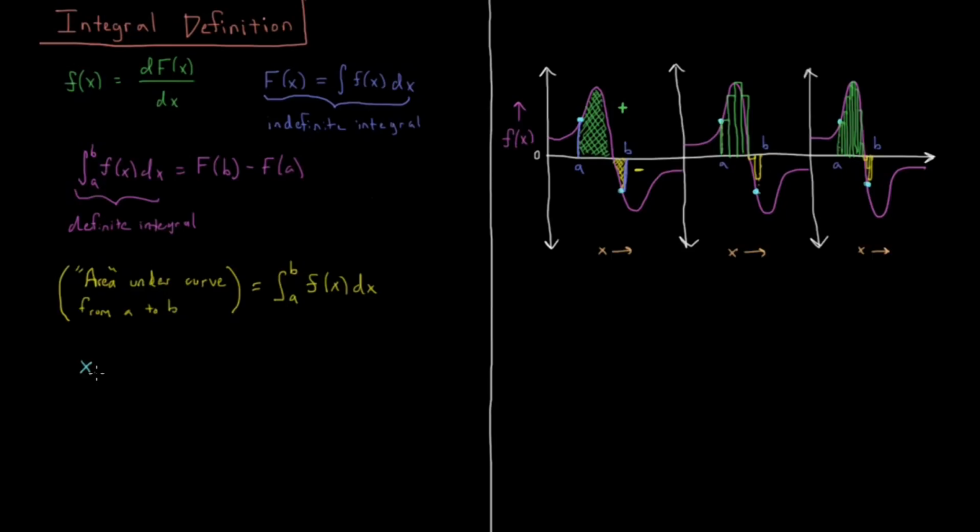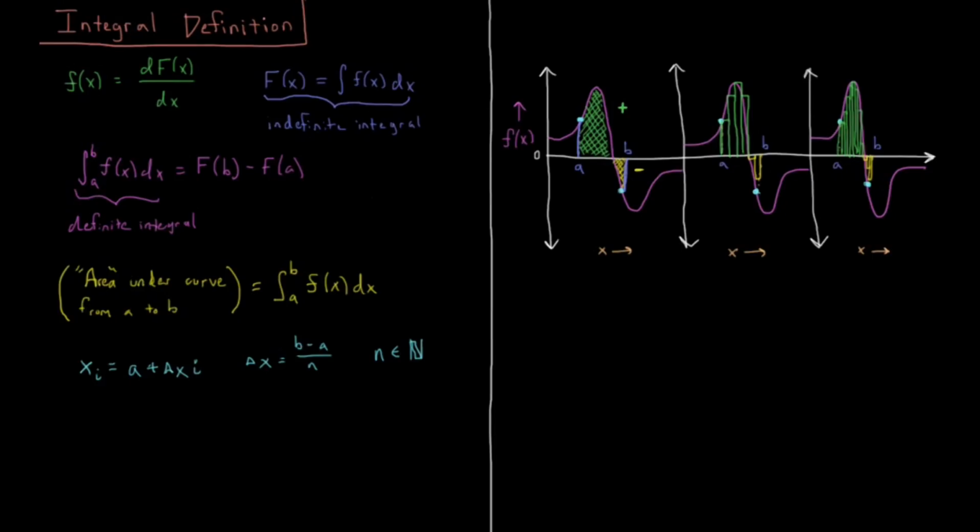So let's say we have the value x sub i, and x sub i is equal to a, our initial value, plus, let's say delta x times i, where we say delta x is equal to b minus a over n, and n is some positive number, somewhere between 1 and infinity.